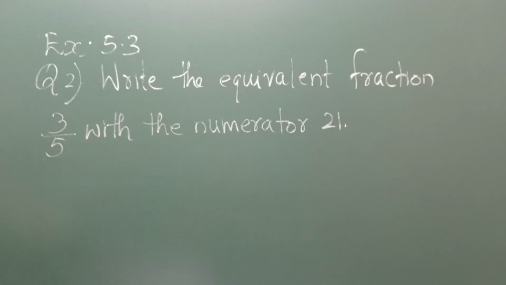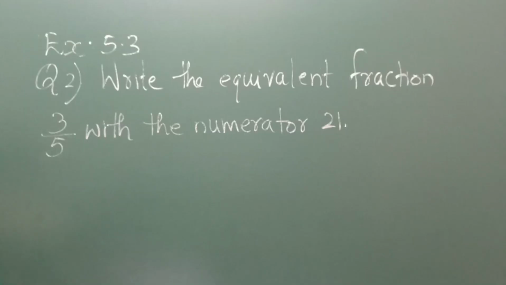What we have to do? We have to find an equivalent fraction of 3/5 with the numerator 21. That means the numerator we already got.